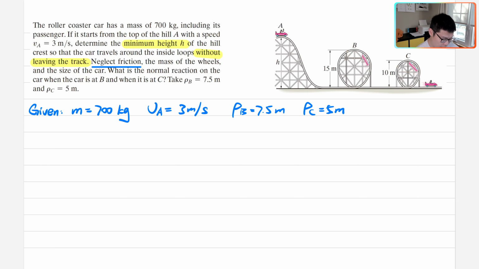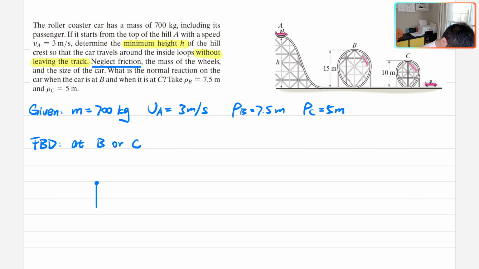So we'll start with the free body diagram here. This free body diagram can represent either B or C. It doesn't really matter. So let's say we're looking at point B. When the car is at point B, what is the free body diagram?